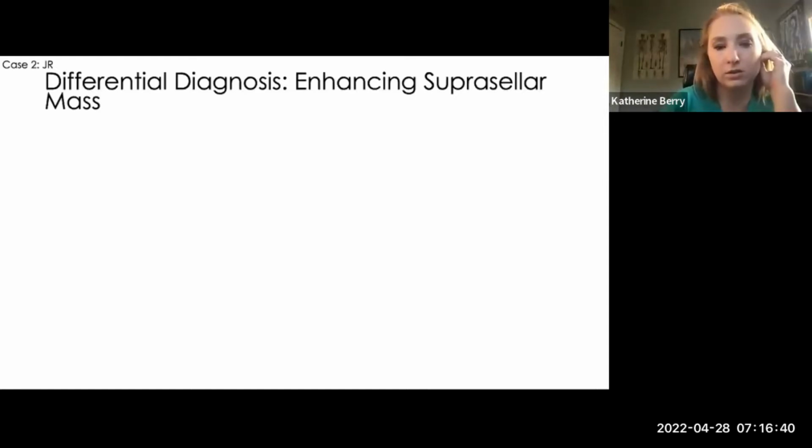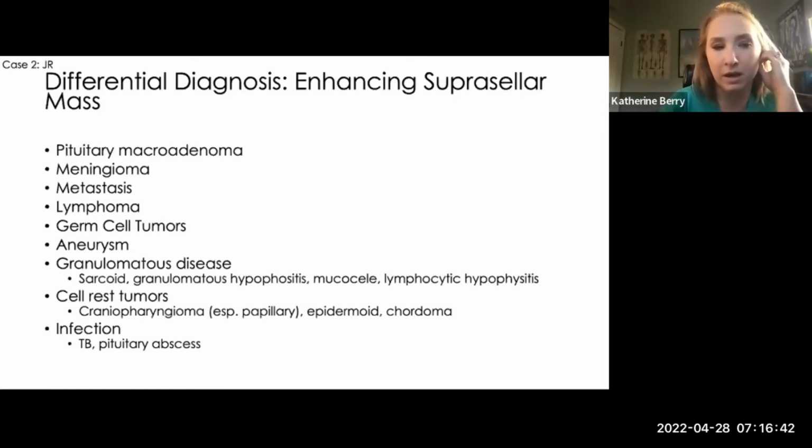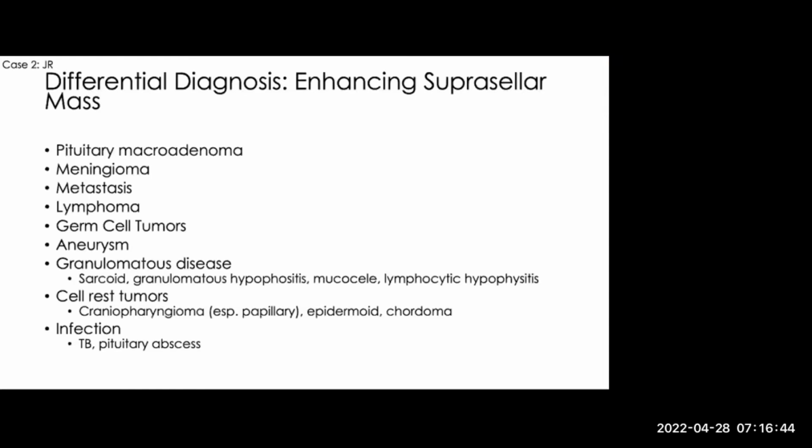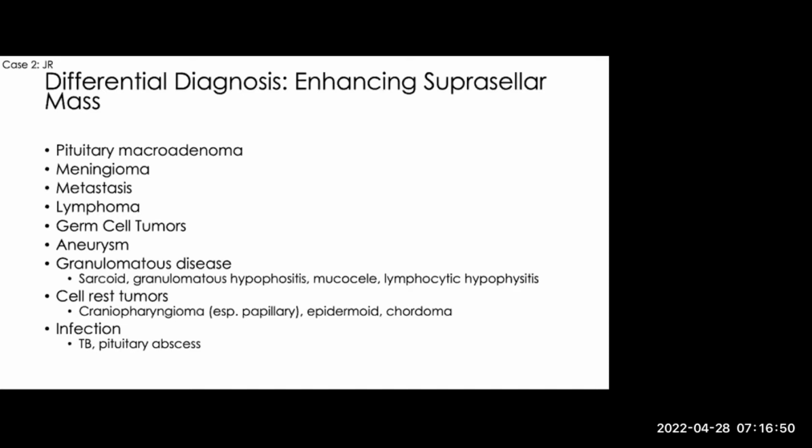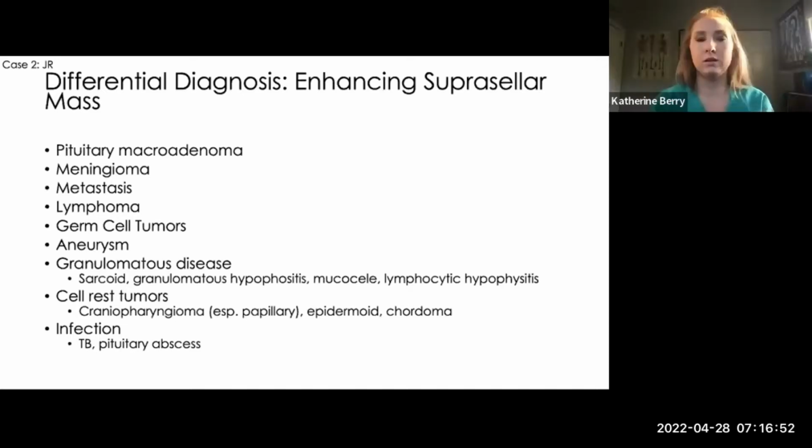Thank you. Yeah, it's hard to imagine, especially when you know the prior path, to create other diagnoses. This is more for practice, just working on getting there. There are 14 different possible categories of diagnosis in the suprasellar region. So like you said, pituitary macroadenoma, meningioma, could be metastasis.